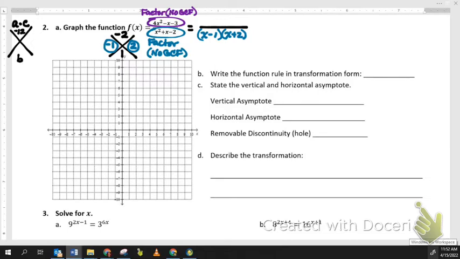What's my b value? -1. Oh, sorry, it's a +1. No, it's a -1. I was looking at the wrong spot. What multiplies to -12 but adds to -1? -4 and 3.